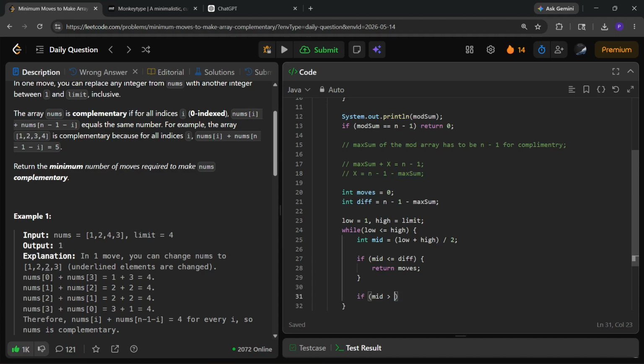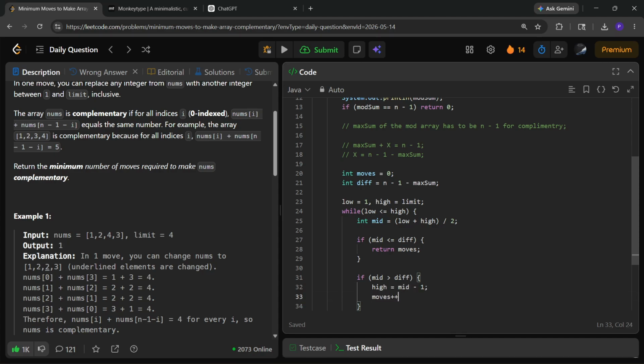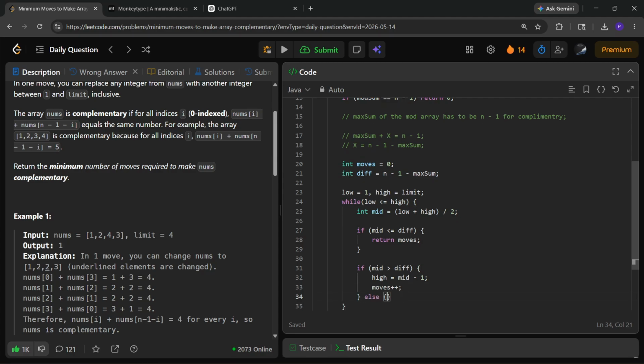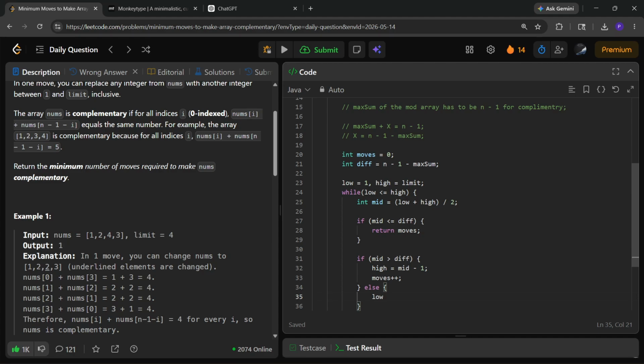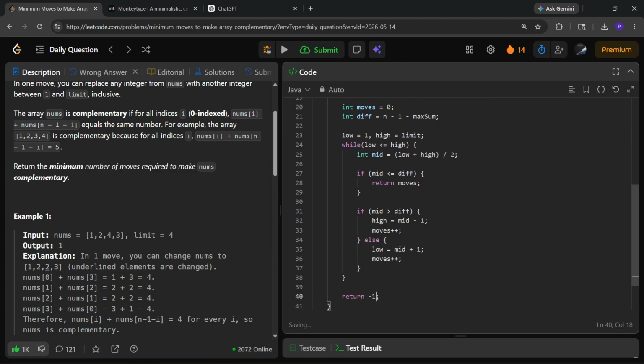Okay, so if the net is greater than the distance, just the net, high is equal to net minus 1 and low is equal to net plus 1. I don't know.